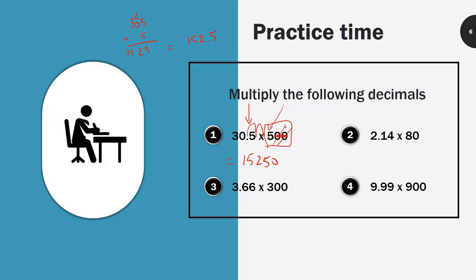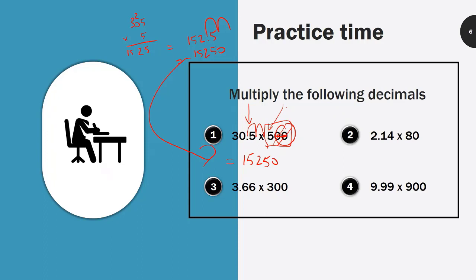Now you can deal with these zeros by moving that decimal point 2 places to the right, okay? So my answer would become exactly what my answer is down here. So there's a few different ways that you can work this out, okay?